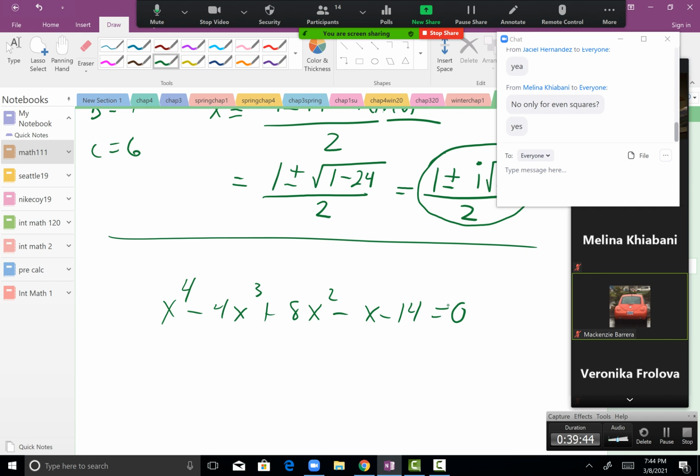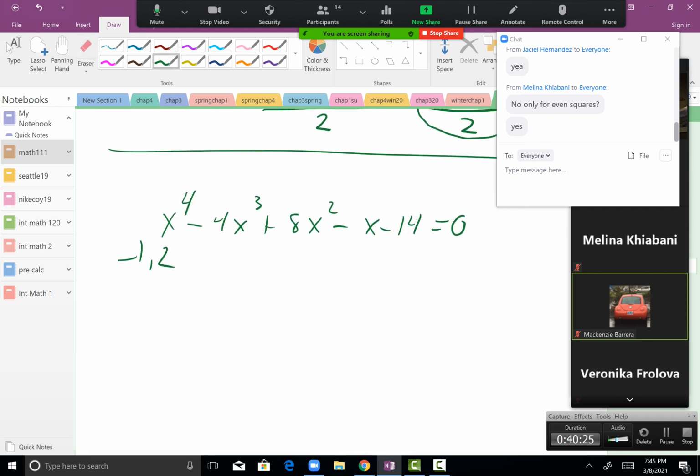When you get them, let me know. I got -1 and 2. Okay, so now we got 2, right? So what do the other two solutions have to be? Imaginary? Yep. We know we're going to have 4. Again, that's the highest power. That's my degree. Okay, so let's go get them.